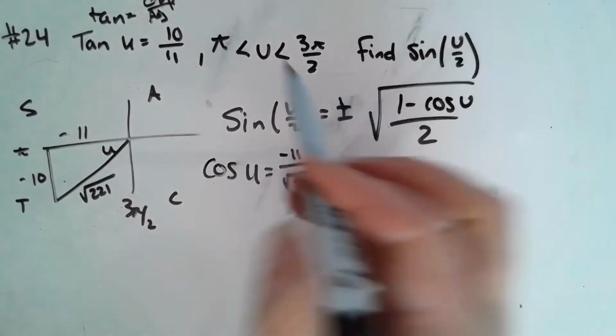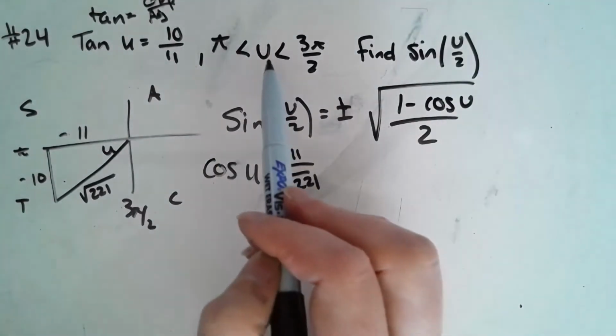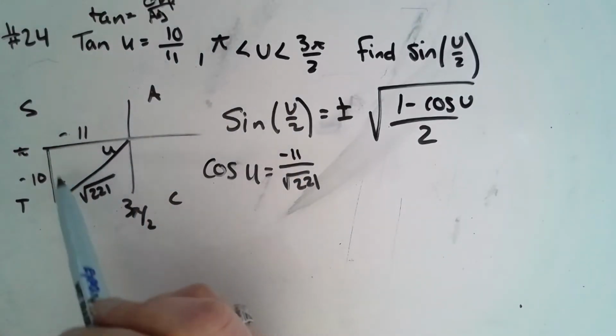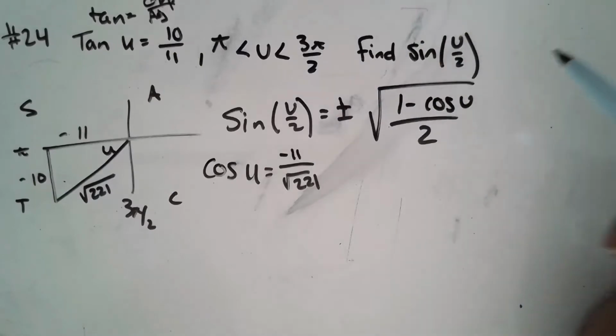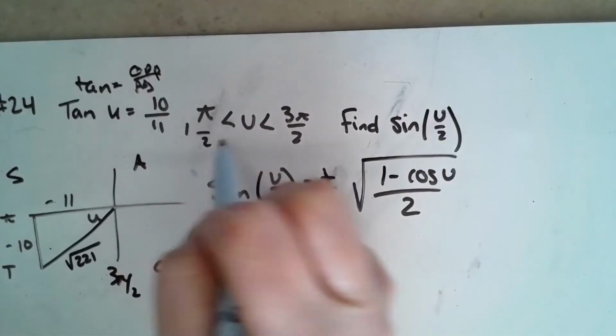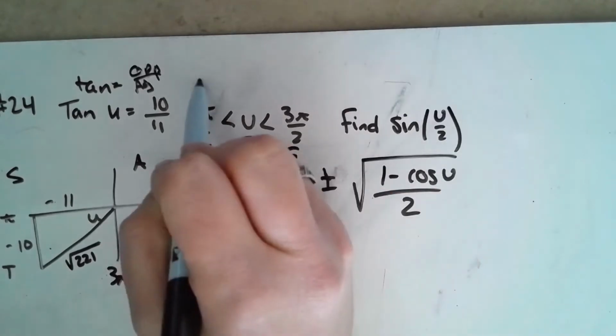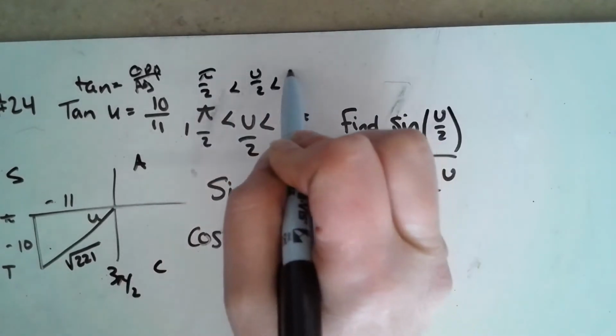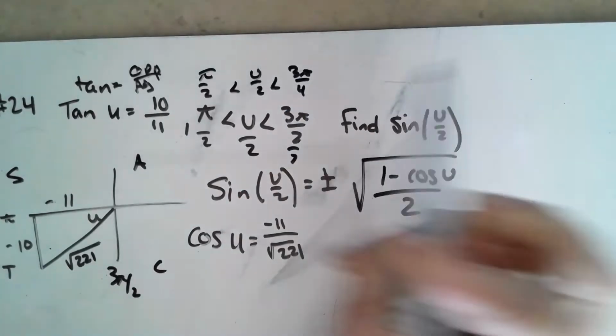A lot of people want to know, is my answer going to be positive or negative? Well, if we were dealing with just our angle u, we would know that sine would be negative because it's in quadrant 3. However, we're finding half of angle u, so we have to take this whole thing and halve it. So pi halves is less than u halves, which is less than 3 pi fourths.